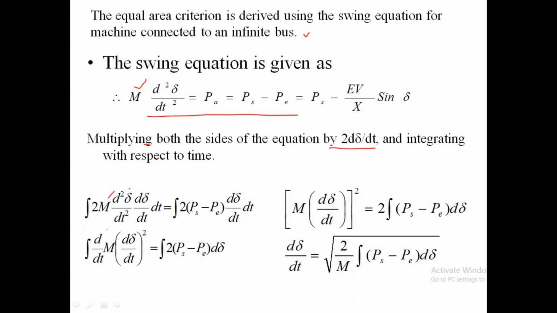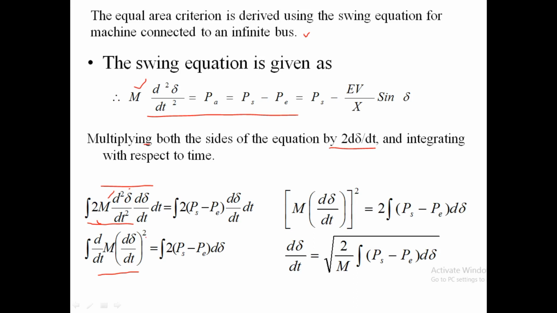Now if we check, the term inside the integral can be written as d/dt of M (dδ/dt)². M is a constant and comes outside. Now we differentiate (dδ/dt)².